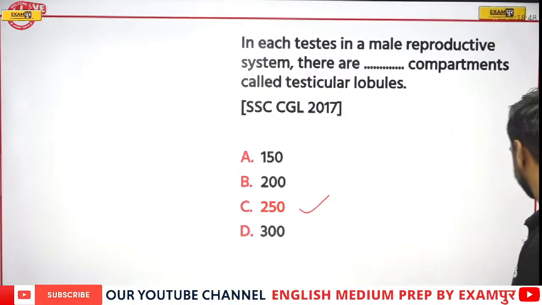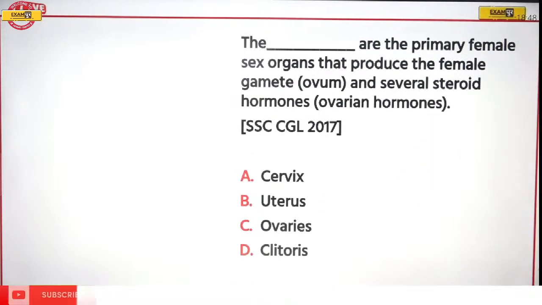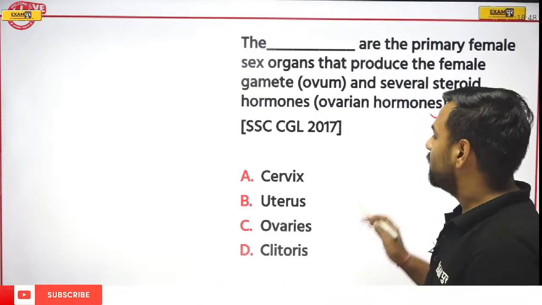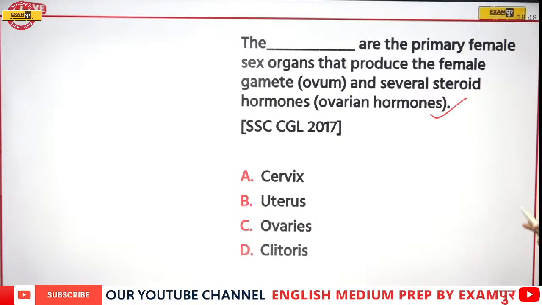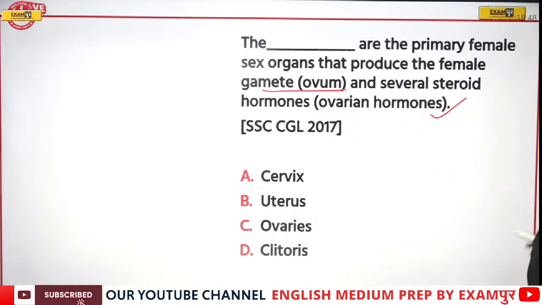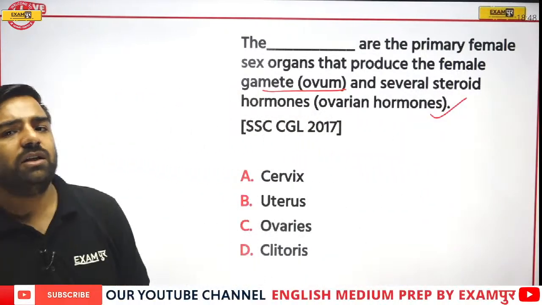Next. The dash are the primary female sex organs that produce the female gamete, that is ovum, and several steroid hormones, that is ovarian hormones. This is the question from CGL 2017. We discussed it in the female reproductive section.